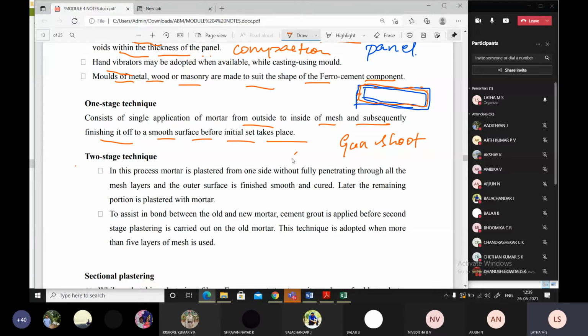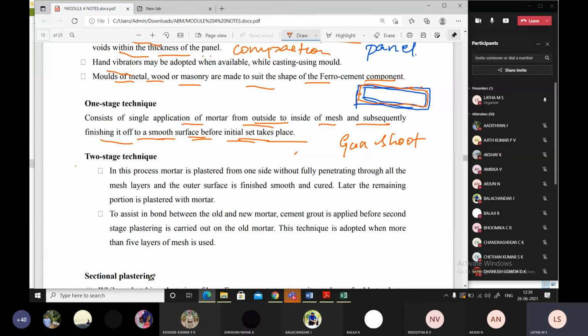So that way also it is possible to take up the construction. It consists of single application of mortar from outside to inside. That means from outside you can shoot that, or you can plaster that mortar to the mesh, and subsequently you have to finish with a smooth surface before it sets initially.